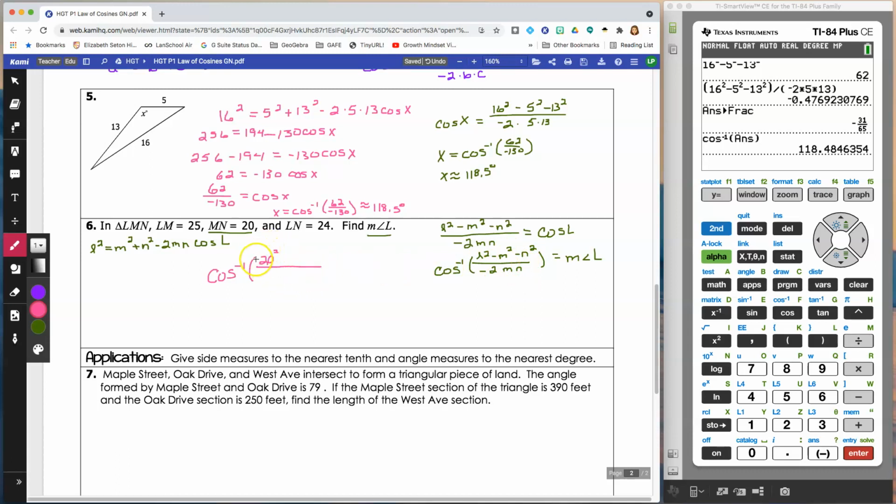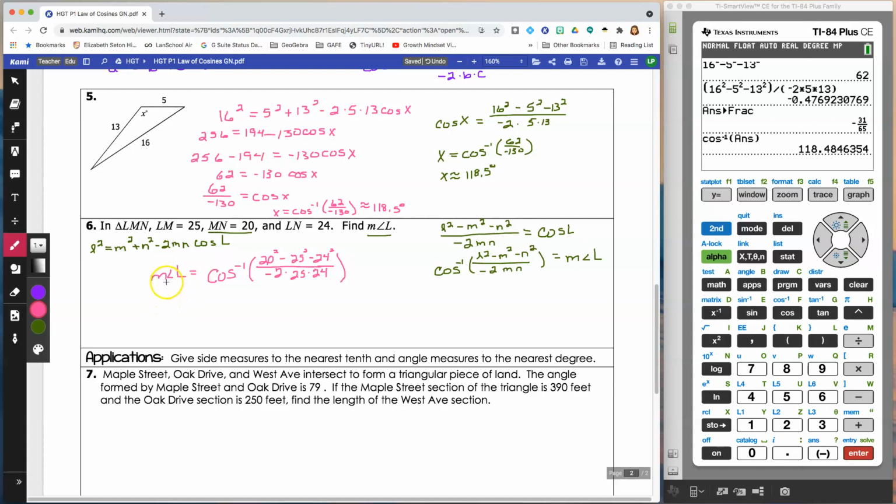That 20 squared is the most important thing. So it's 20 squared minus my other two sides, 25 squared, and then minus the 24 squared. In the denominator of my fraction, I have negative 2 times the 25 and the 24. So negative 2 times 25 times 24. This is what equals the measure of angle L.